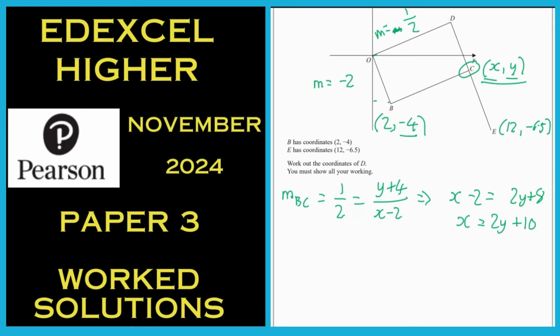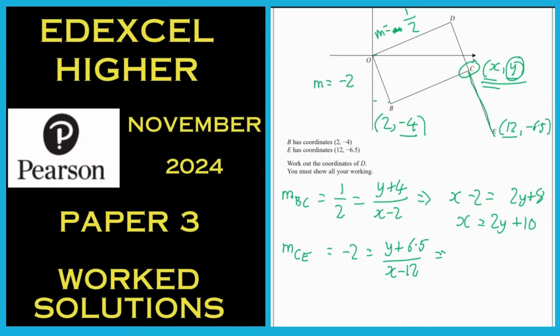We can do a similar approach now for the gradient of C to E, this line here. The gradient of C to E, because D, C, E are a straight line, is negative 2. And the formula to find the gradient is change in y's, so that's y minus 5, all over change in x's, that's x minus 12.